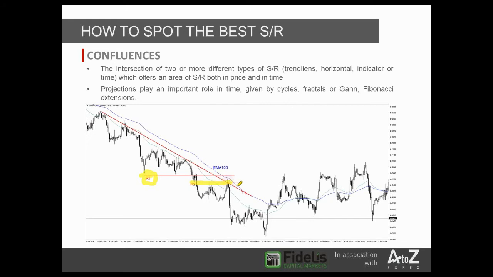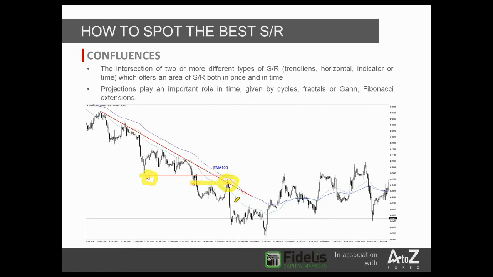This is a 1 hour chart, by the way. And you also have this trend line. You see, all these resistances are stuck here. So there's a resistance in price and time. This offers a resistance in price and time.